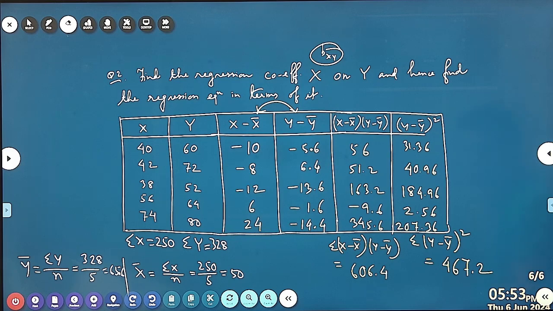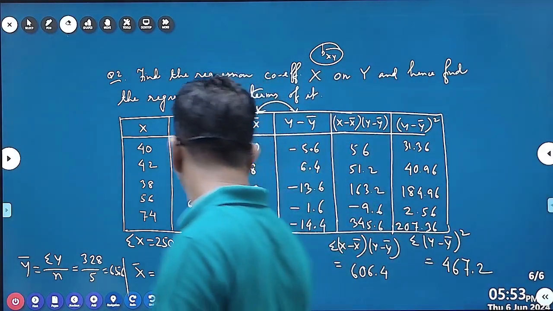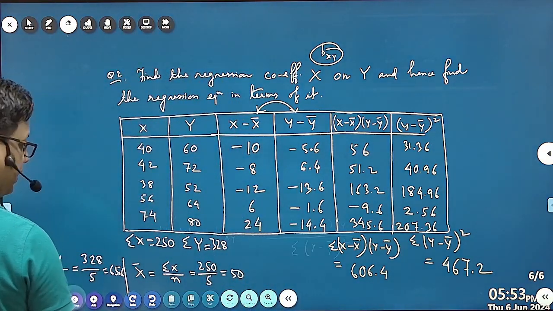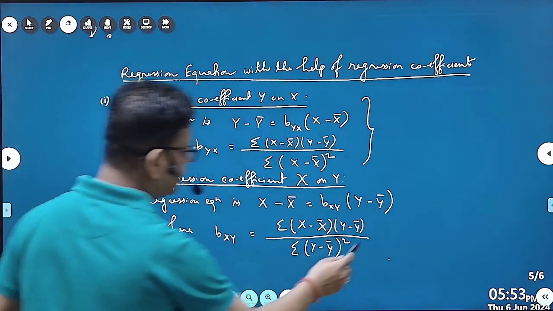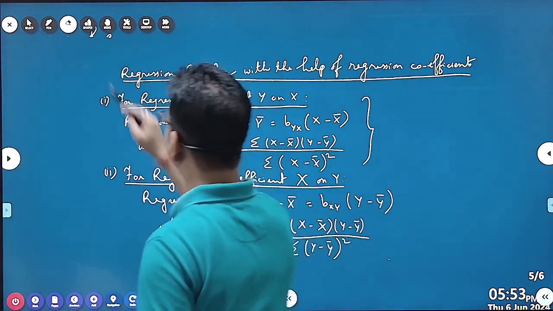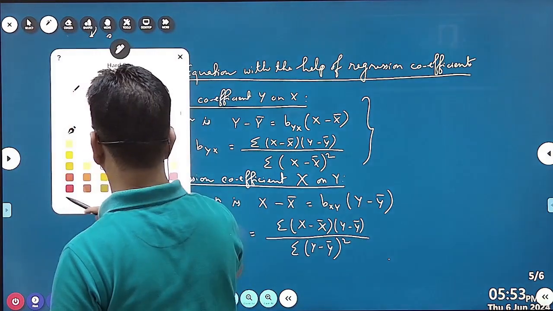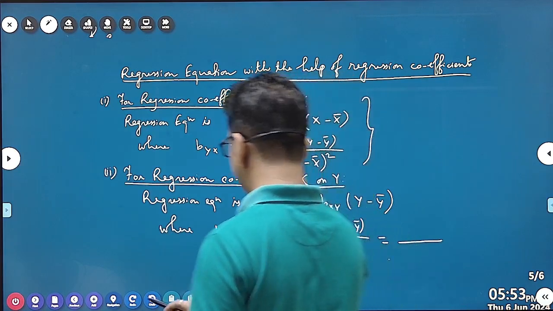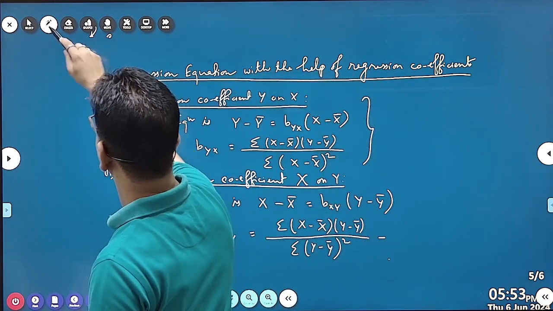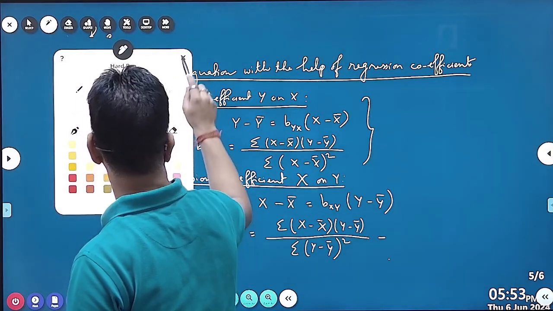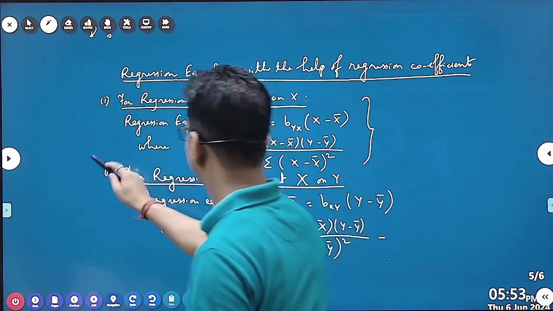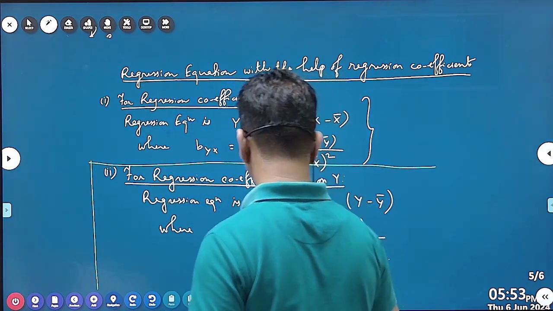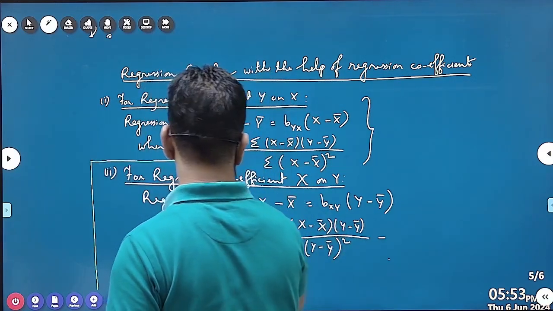Is it all right? So let's put it now. Regression coefficient x on y. So x on y, that means this one. First of all, you have to find this x on y, right? They're asking about this portion. Our aim is now this one. We are doing this second portion.